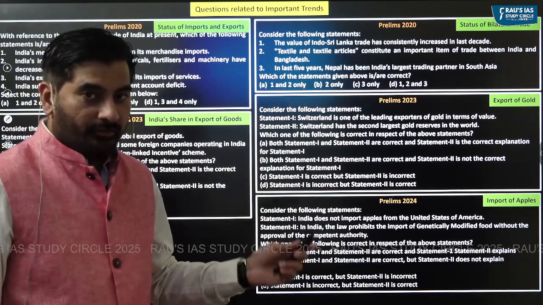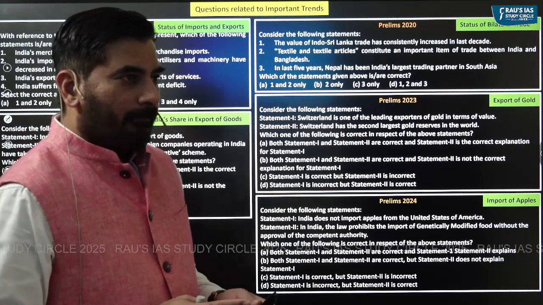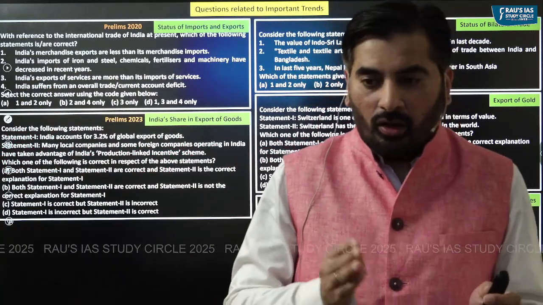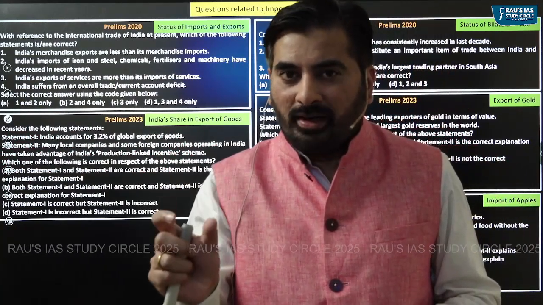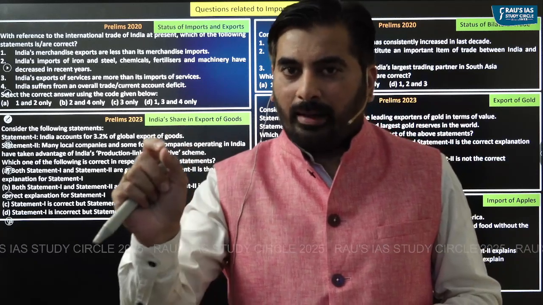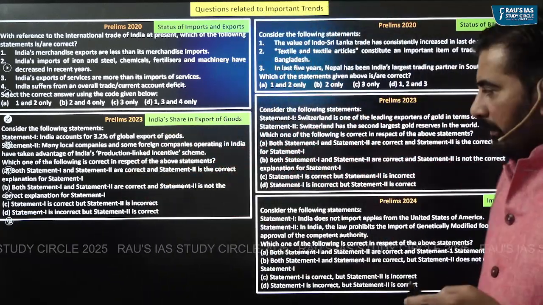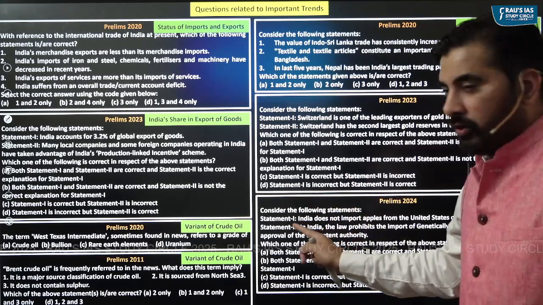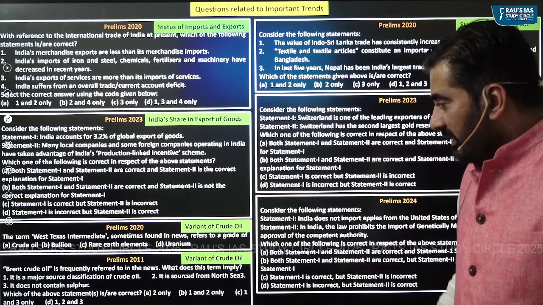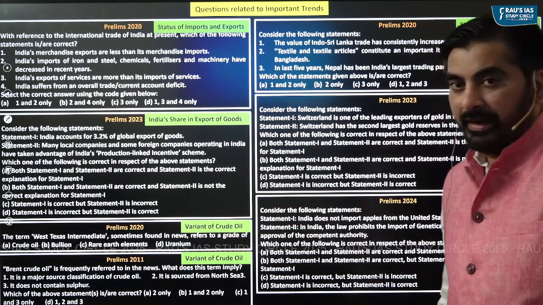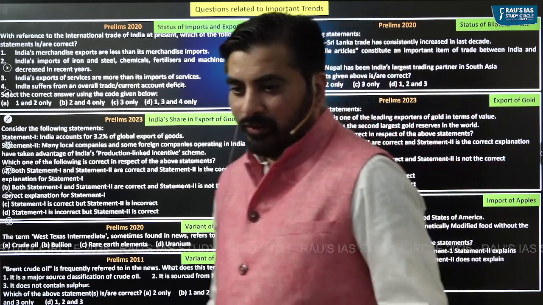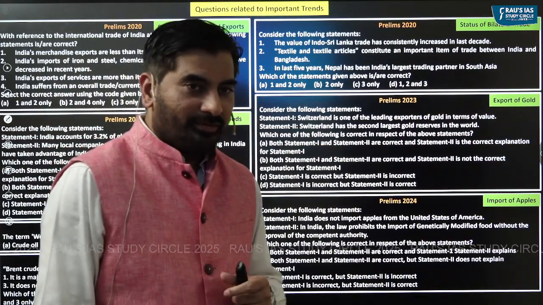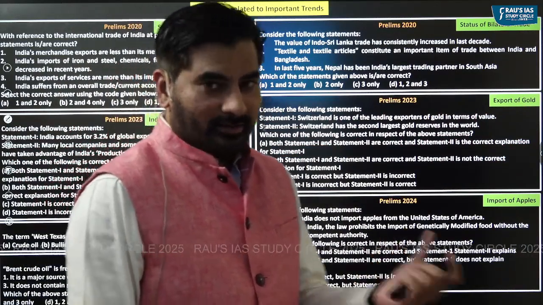Import of apples from the US. So, questions are either broad-based trends in terms of trade or questions related to a specific commodity which is in the news, like gold, apple, and so on. Apart from that, questions have also been asked on variants of crude oil, like West Texas Intermediate and Brent crude oil. So, having understood what kind of questions are asked in the previous year prelims, now let's get into the trends in BOP.